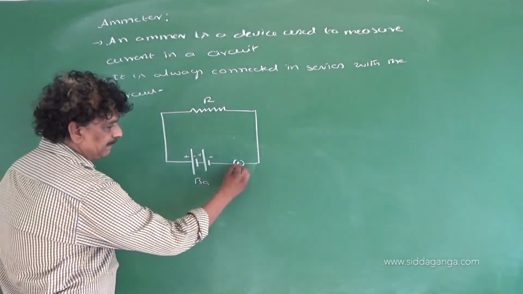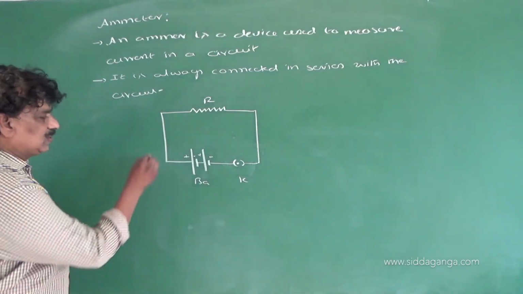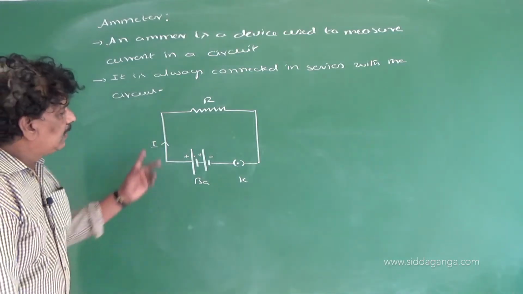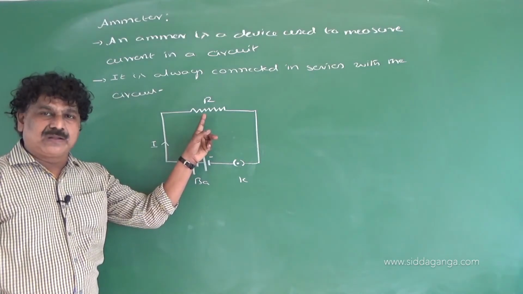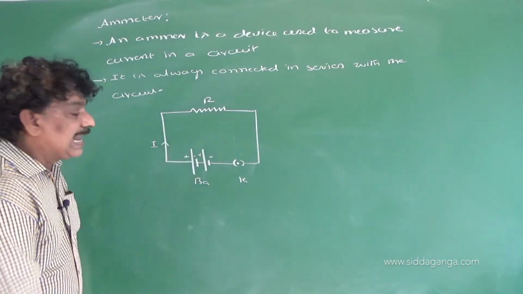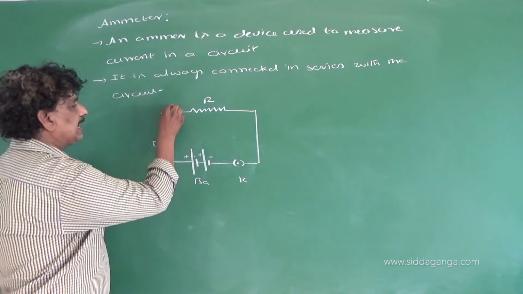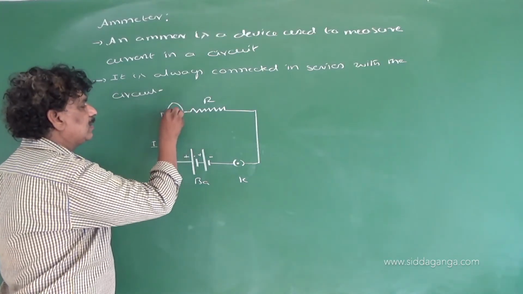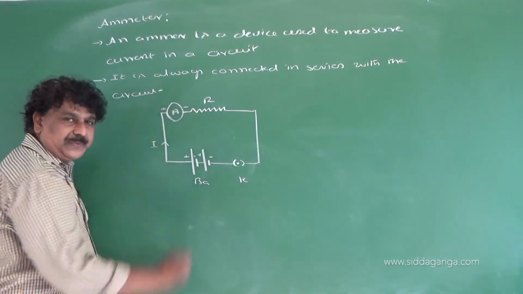So when a current I flows through the conductor, it is a closed circuit, current is flowing through the conductor or resistance. If we need to measure the current, an ammeter has to be connected. The ammeter is connected in series with the circuit. This is an ammeter, this is positive terminal, this is negative terminal.